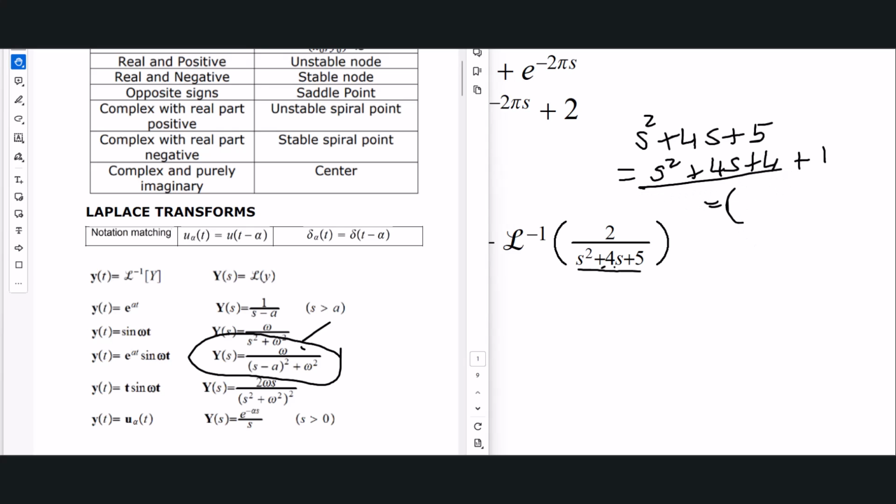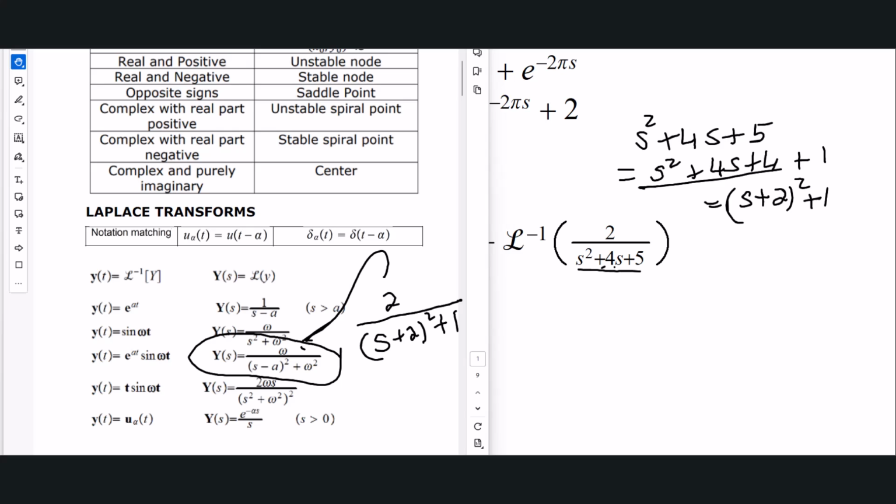So this portion would be what? s plus 2 quantity squared plus 1. So what we get now is 2 over (s plus 2) quantity squared plus 1, which is 1 squared again.